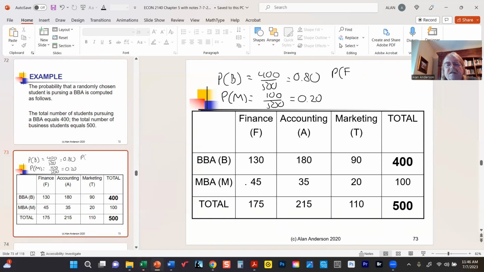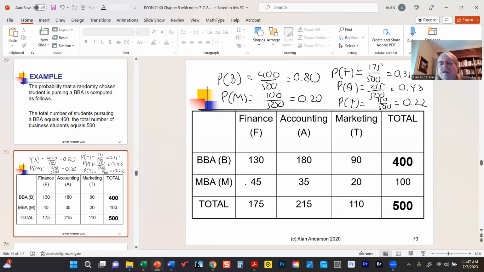Probability of F, which we've already done, of A, and then T, 110 out of 500, which is 22%. Those are the unconditional or marginal probabilities.